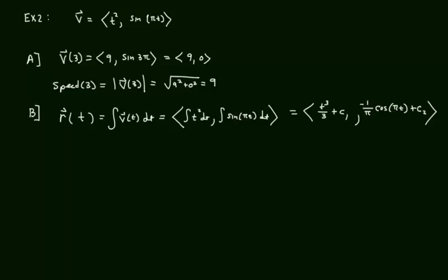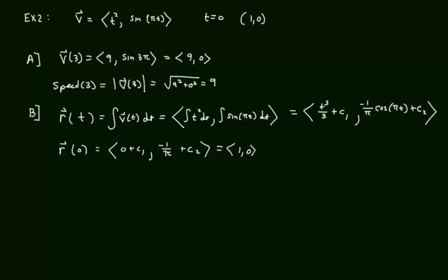So I need some condition in order to solve for c, and luckily they tell us in the problem that at time 0 the particle is at 1, 0. So that tells me that r of 0 equals, well, I'm going to plug in 0. So I have 0 plus c1, and I have negative 1 over pi plus c2, and that gives me the position 1, 0.